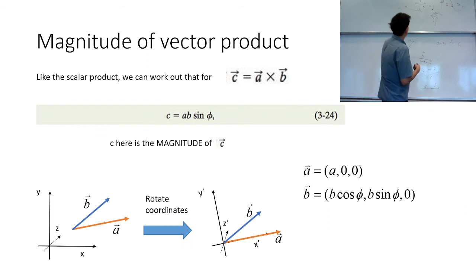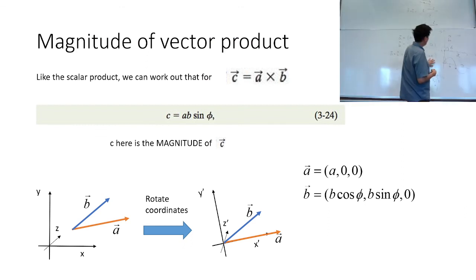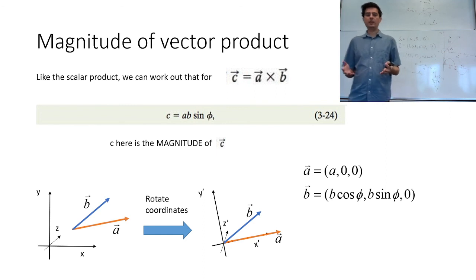Even if you somehow took the wrong angle, say instead of taking the angle between them, you took the other angle, you would just get the wrong sign.